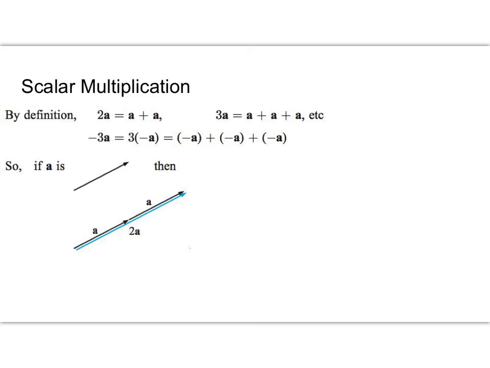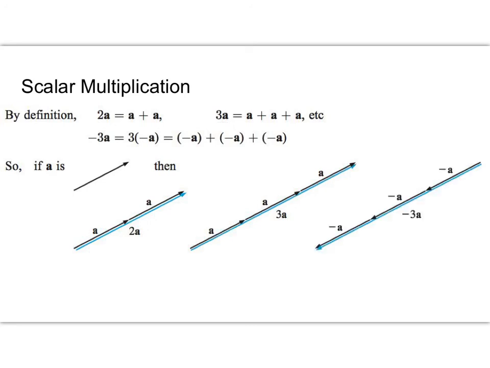And by the same token, if I have vector 3a, well, that's 3 lengths of a. And if I have -3a, well, that's 3 negative a's. So I get the same vector as this guy here, but it's going in the opposite direction. This one's going in this direction, this one's going in this direction. Other than that, they're equal, and if I added them together, that would make the 0 vector.